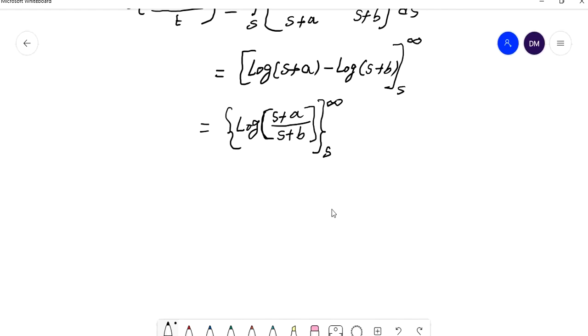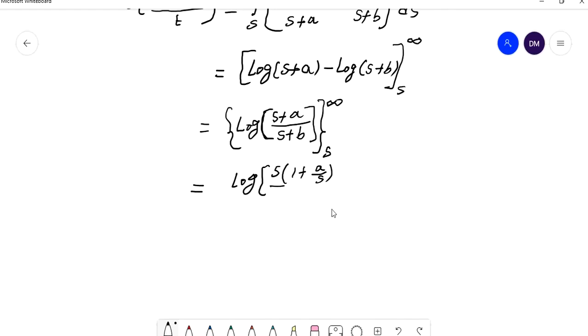Now I can take s common in the numerator and s common in the denominator to get the 1 by s form. Log of, s common in the numerator gives 1 plus a by s.